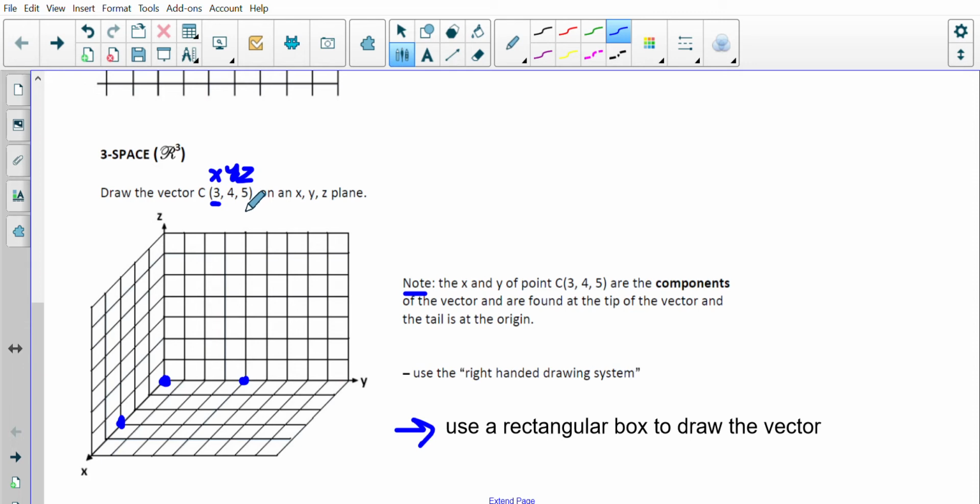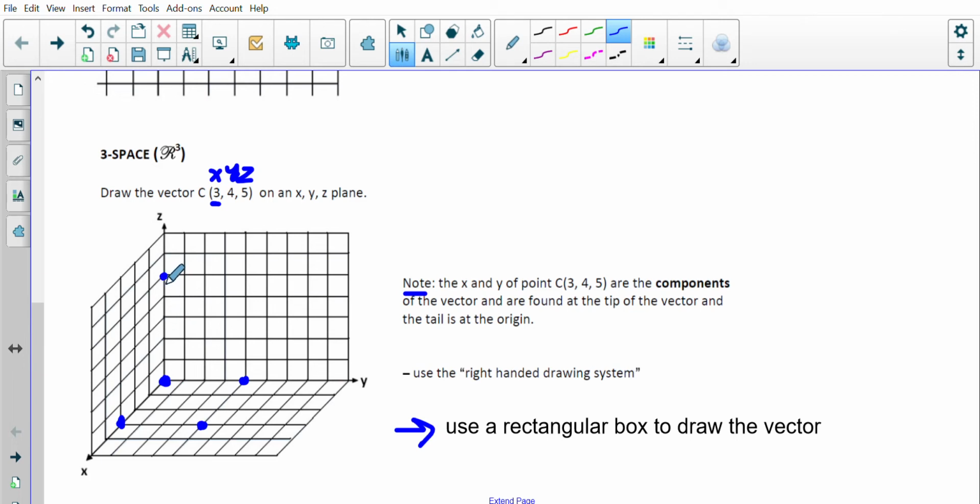And the z value, hold on here, I'm going to create the bottom of the box by joining the x and the y, by going out 3, but then right 4. So there's the bottom of my box. Now to include the z value, which is up 5: 1, 2, 3, 4, and 5.